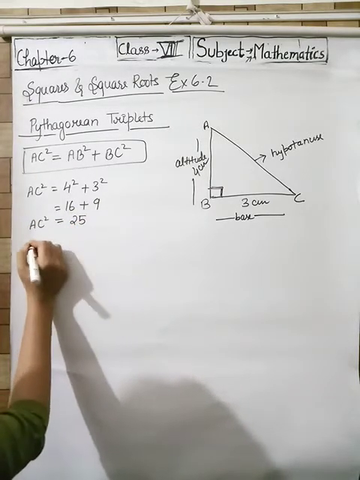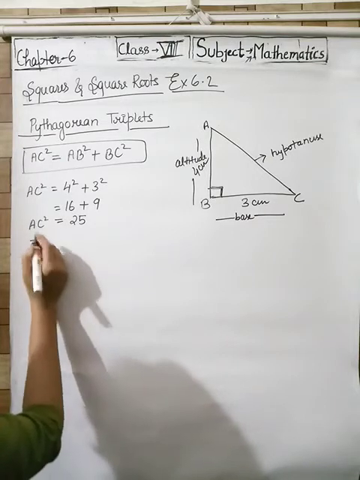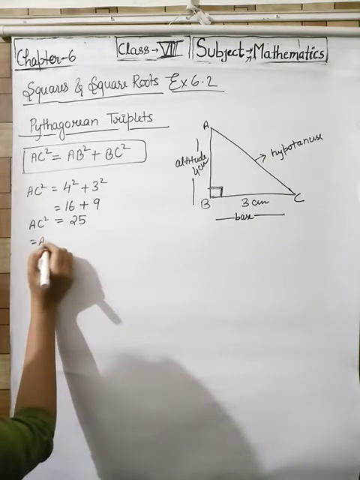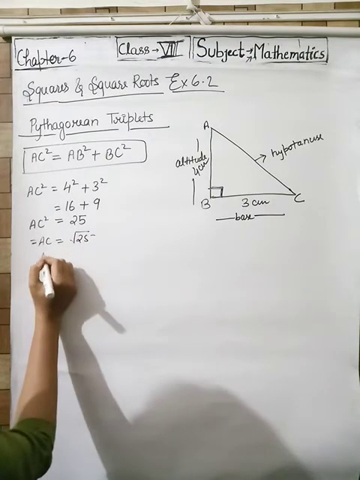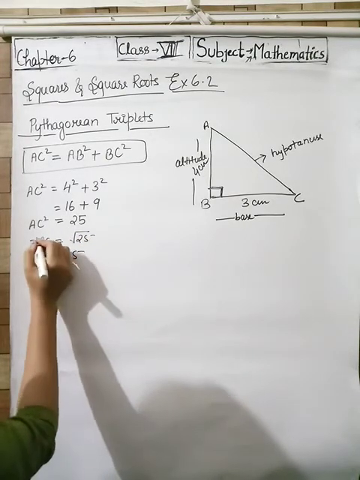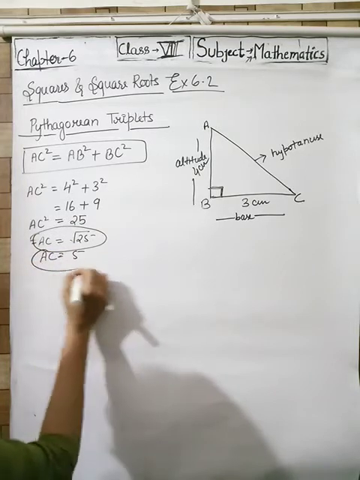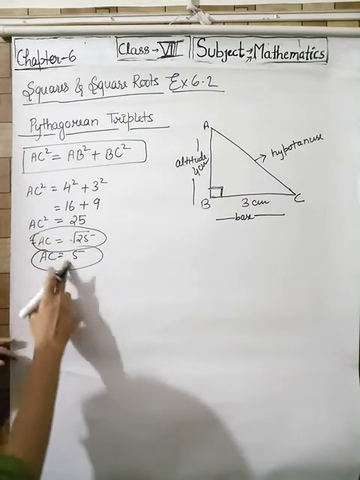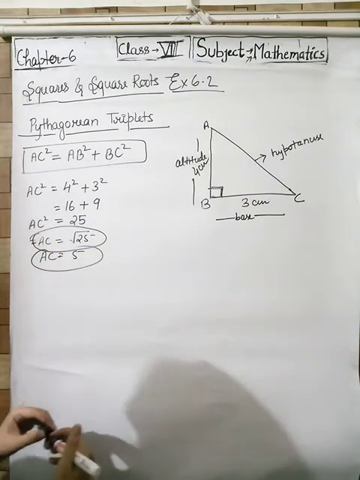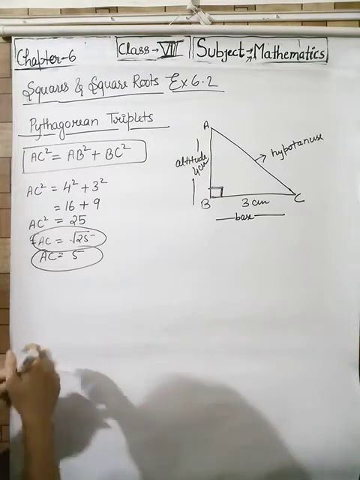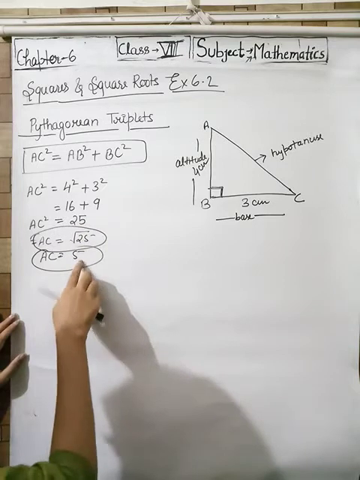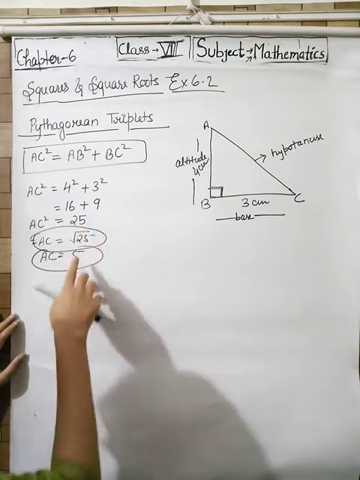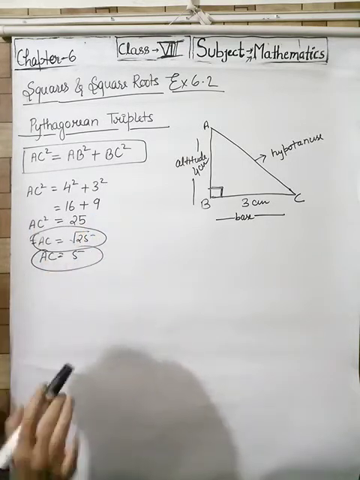So AC is equal to under root 25. We will discuss this in the next section. Till then, you see which number has square 25? 5 has square 25. So AC will be equal to 5.